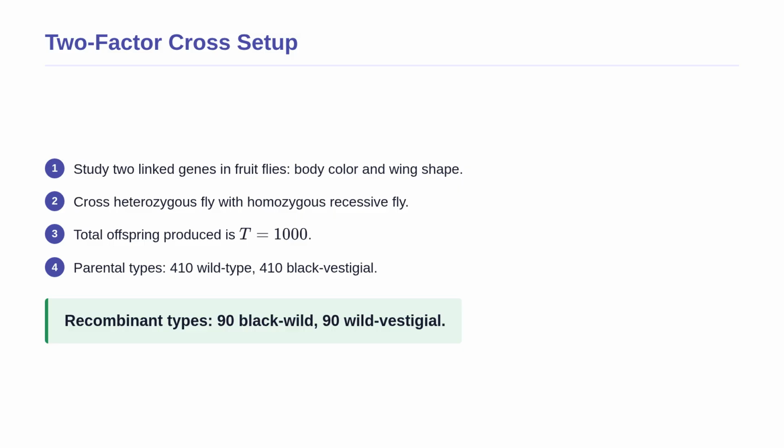We count them and find 410 wild-type flies and 410 black vestigial flies. These are our most frequent classes, so they are the parental types. The remaining flies, 90 black wild and 90 wild vestigial, are our less frequent recombinant types. We need to use this data to find the genetic distance between the body color gene and the wing shape gene.